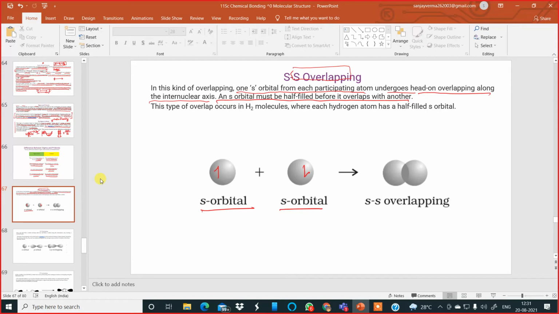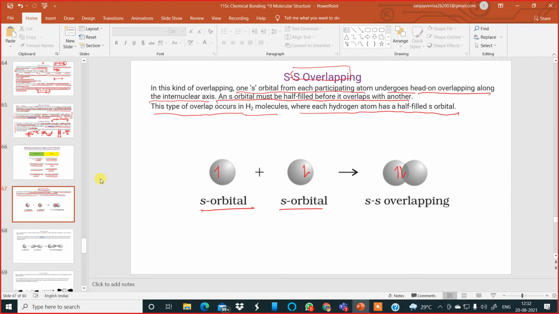After combining, when they have overlapped and the electrons are paired, they are together with opposite spin. This we have seen in the previous chapter, atomic structure, when we learned the Aufbau principle, Pauli's exclusion principle, Hund's rule and all. This type of overlap occurs in molecules like hydrogen, where each hydrogen atom has a half-filled s orbital.